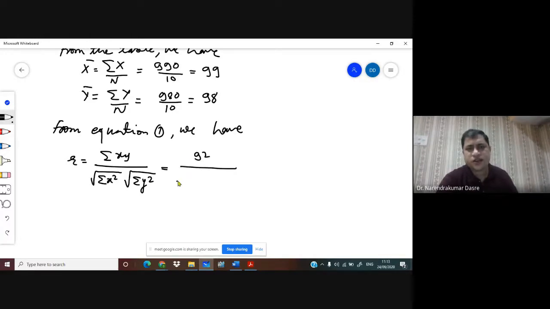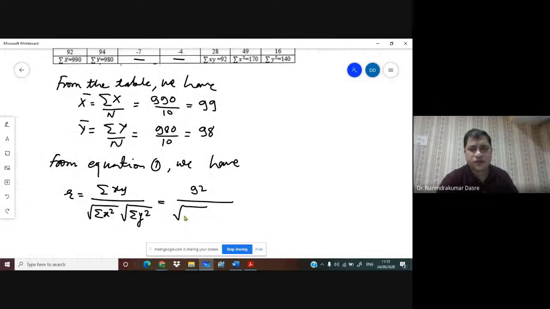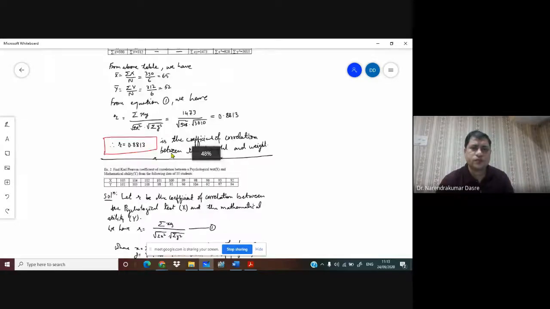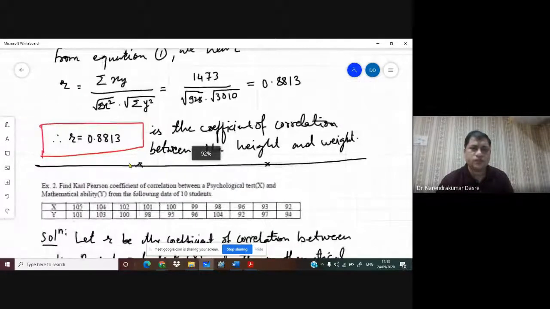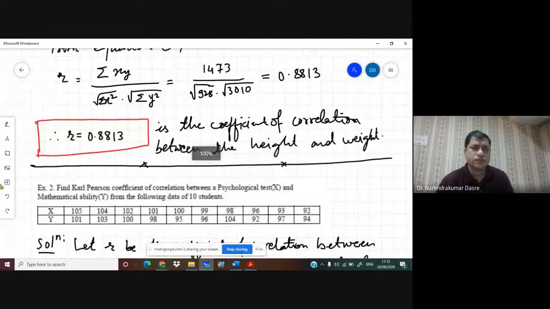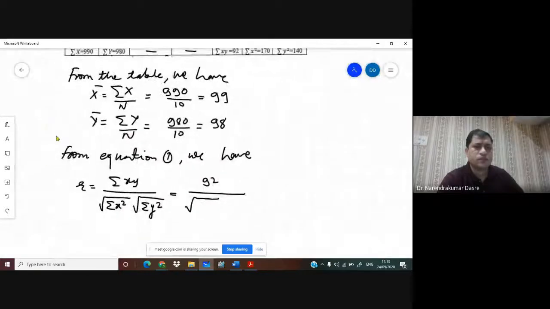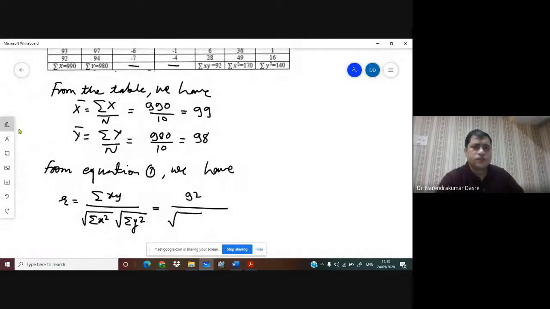So this is 92 upon square root of 170 into square root of 140.